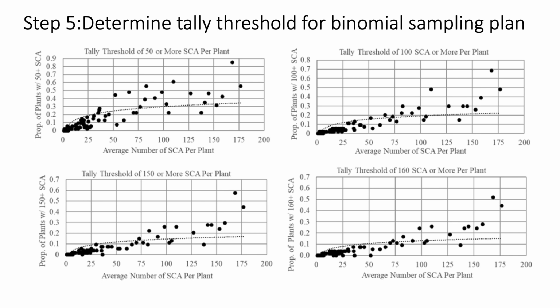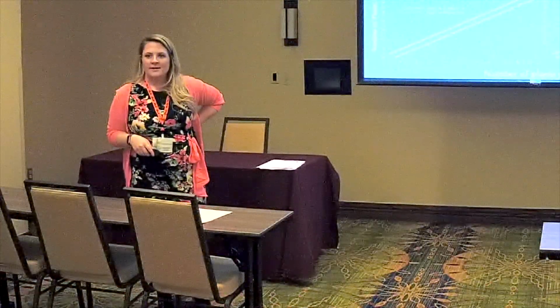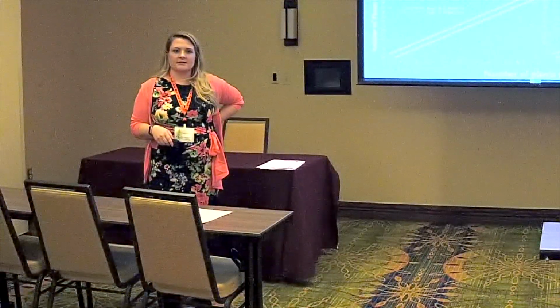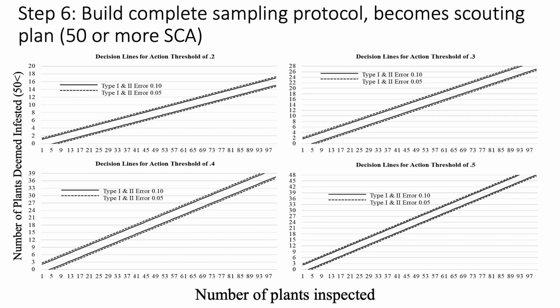So once you've decided what threshold you use, this is when we used Wald's SPRT equations to design stop lines for sequential modeling. This is kind of what the sampling protocols look like before they're a deliverable for everybody. And we picked 4 different action thresholds, or 4 different ETs, for each sampling protocol.